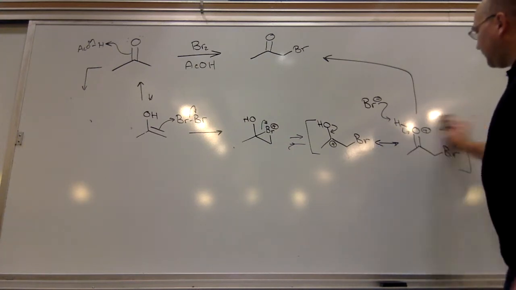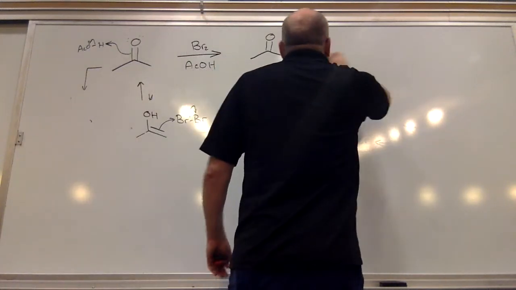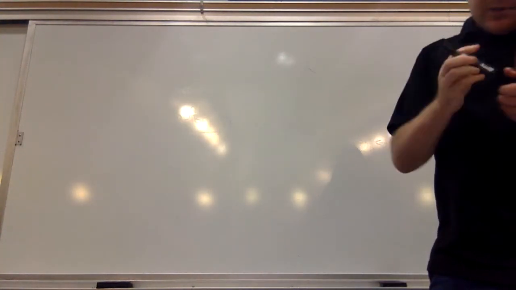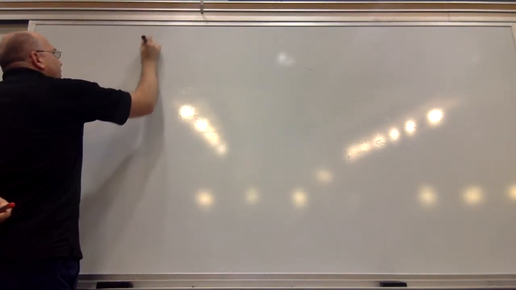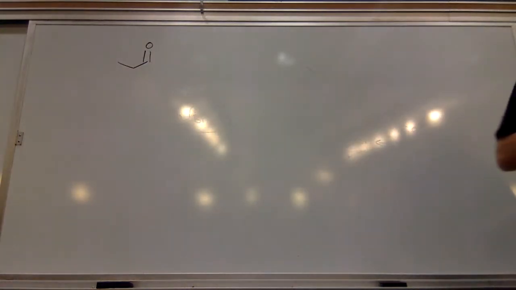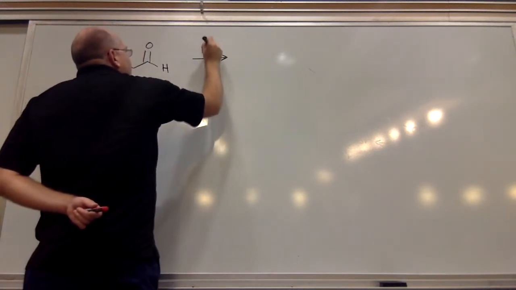All right, so again, a nice little intro to enol chemistry. For the most part, when we're talking about enol chemistry, there's a couple different ways that we can think about this. Let's just start with a simple aldehyde.